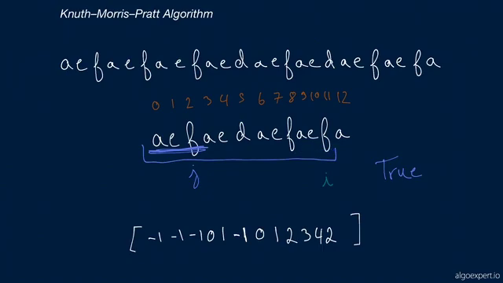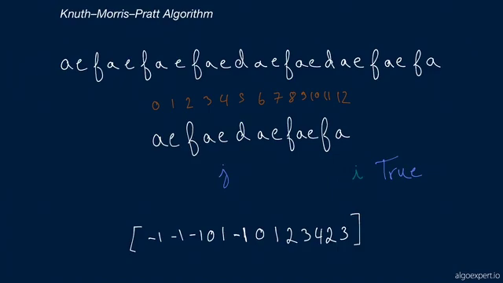And then finally, we can move our J one forward, we can move our I one forward, and we see that this A is equal to this A, and so we can put a 3 here. And now we're done because our I is past the length of the substring, right? Typically we would increase the J here, increase the I here, and now we're sort of done with the substring.